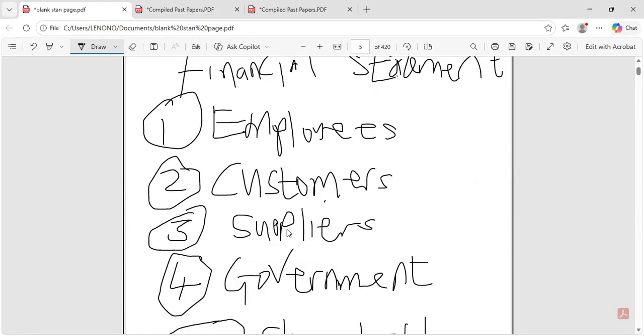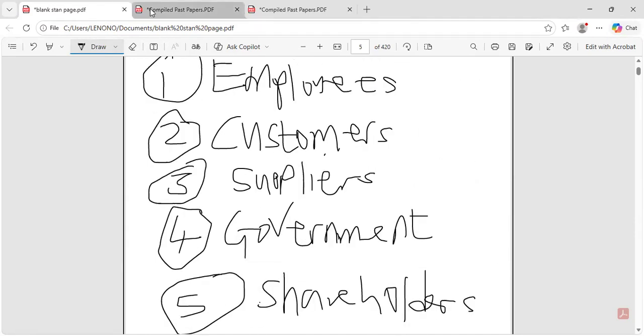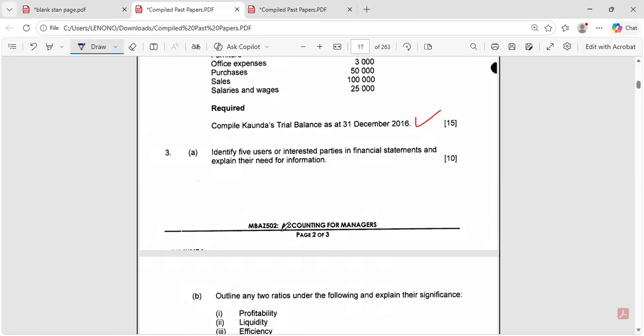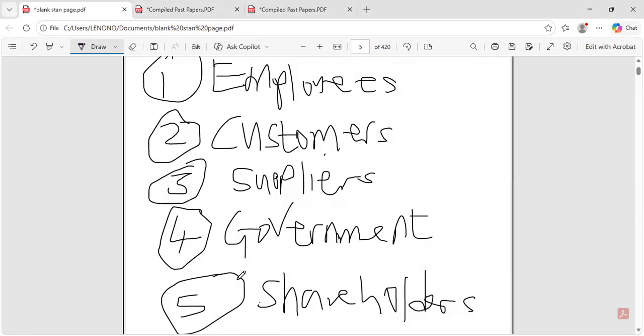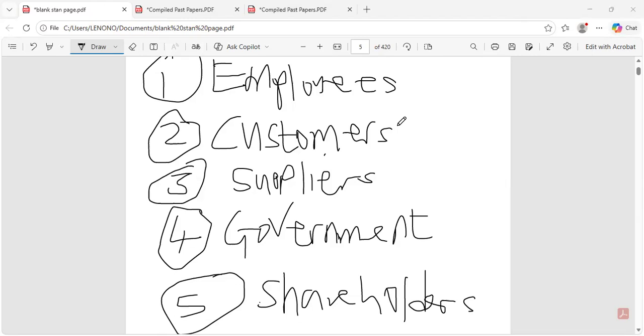So the employees are interested because why do they need this information? Because they are interested in job security. Is the company going to continue operating in the near future? Or do we have a problem, are we making losses?